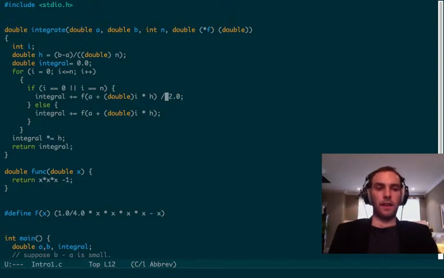But on the other hand, everything in this kind of integration, this polynomial integration, boils down to having a sweep, a for loop like that, and different weights for different places.